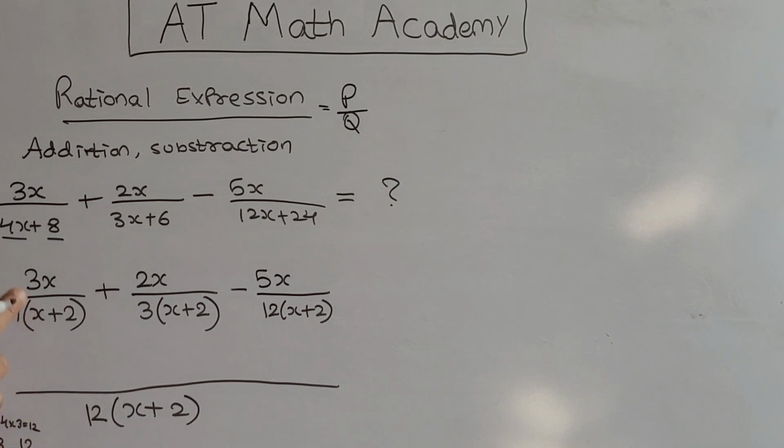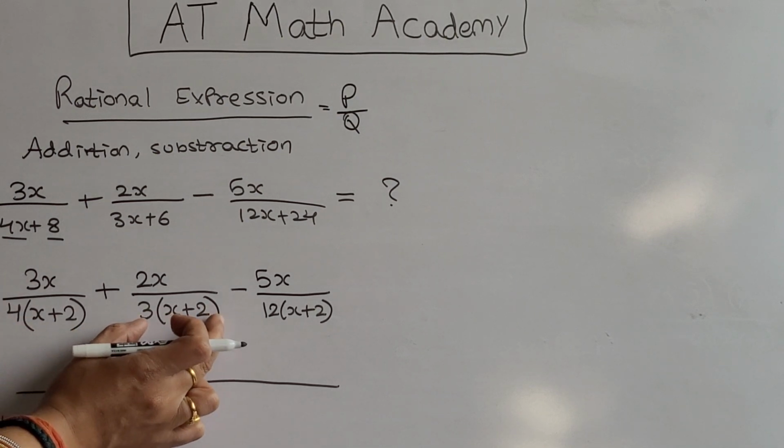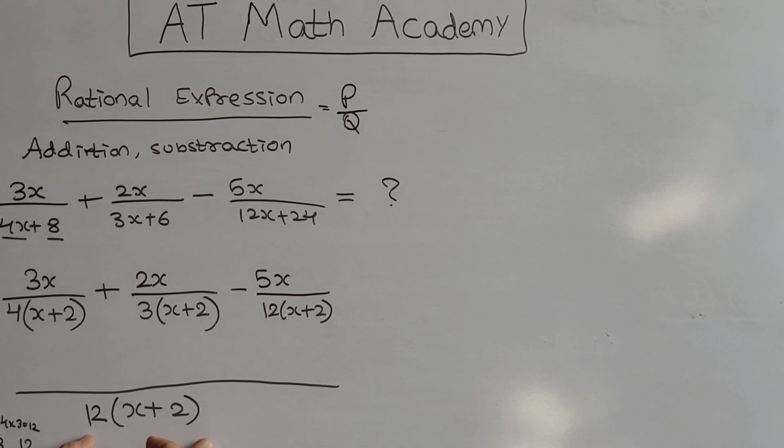Now my goal is to make each of these fractions have the common denominator. I have the first expression, which is 3x by 4 into x plus 2. This is my first term, and for making 4 into x plus 2 as 12 into x plus 2, we need to multiply 4 with 3.